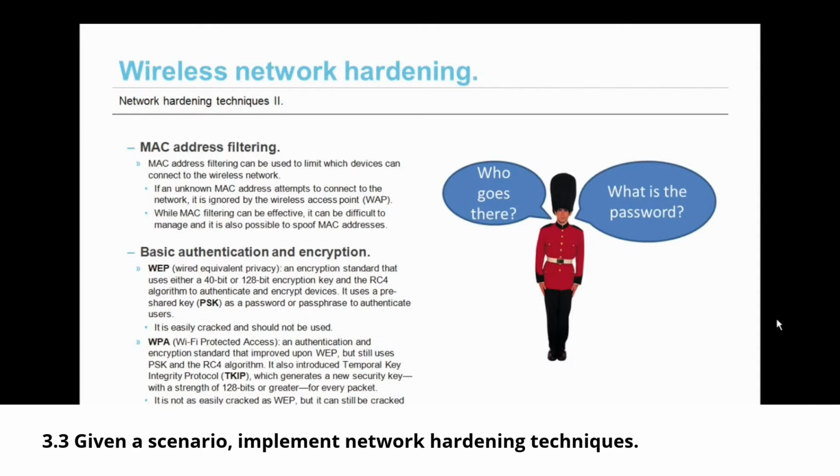TKIP generates a new security key for every packet, and that new security key has a strength of 128 bits or greater. Now, it's not as easily cracked as WEP, but it can still be cracked and should not be used unless absolutely necessary. And hopefully that's not the case in your wireless network.